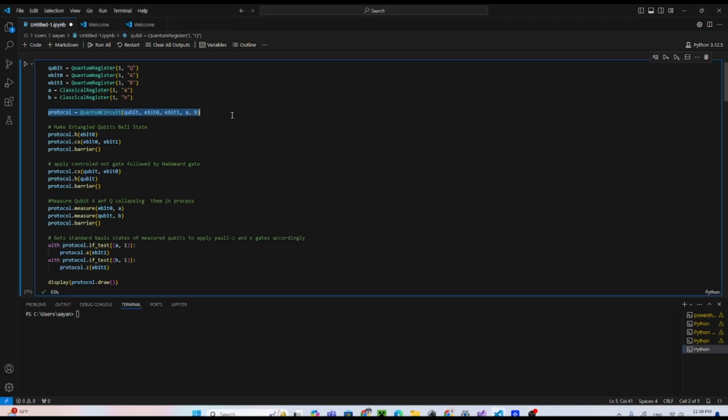And right here we're just making the quantum circuit, and then here we're making the Bell state with ebit 0 and ebit 1 by applying a Hadamard gate and a controlled NOT gate, which is how you make a Bell state.